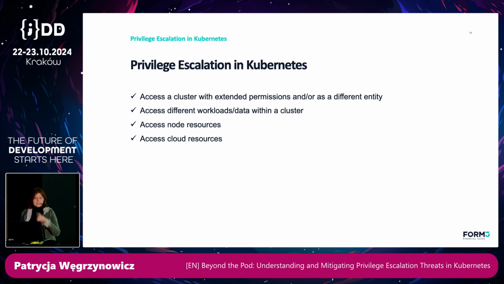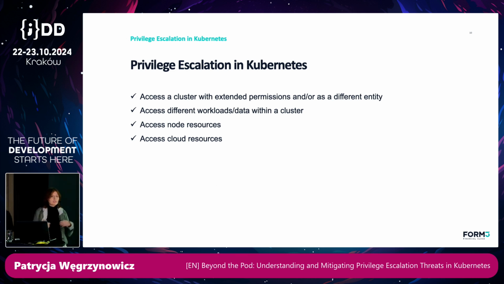In case of Kubernetes, we can think about privilege escalation in different contexts. First of all, accessing the cluster with extended permissions or as a different user entity. And then we can think also in the context of accessing different workloads, data within a cluster. And then we can also talk in terms of privilege escalation when we, as hackers, escape to node, so accessing node resources.